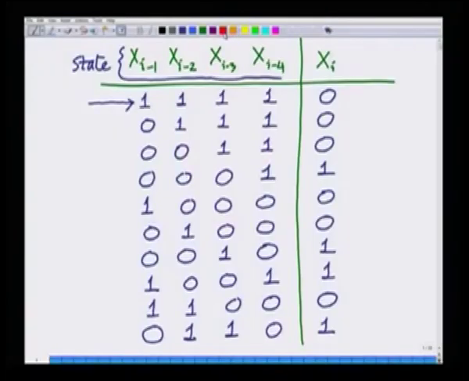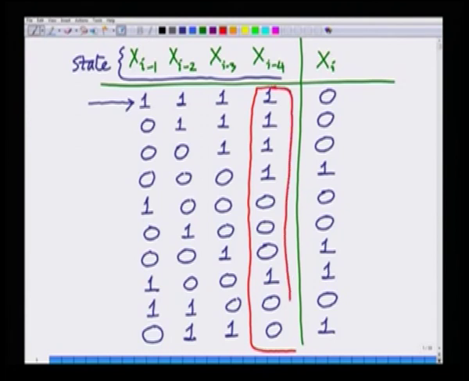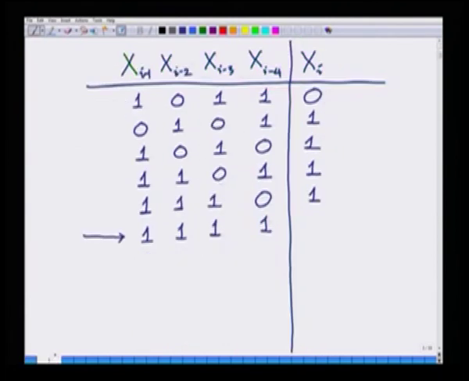Remember, we already said the output is nothing but xi minus 4. The output sequence of this linear feedback shift register is this column of xi minus 4, which I am boxing.